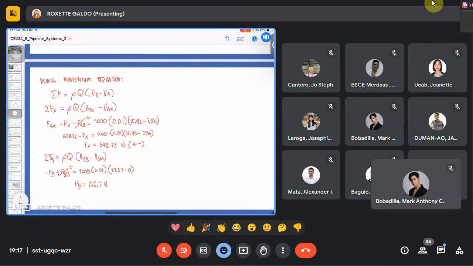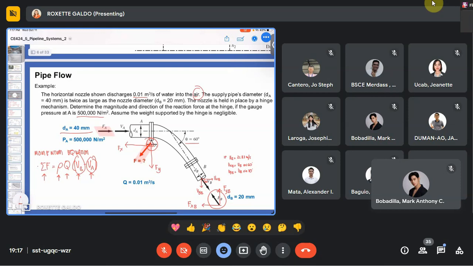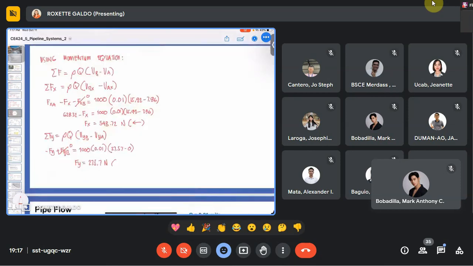So the answer will be negative, right? So that means to say our direction should not be downwards. Instead, it should be upward. Is that right or wrong? It should be upward. Okay. So now we have our Fx and Fy.